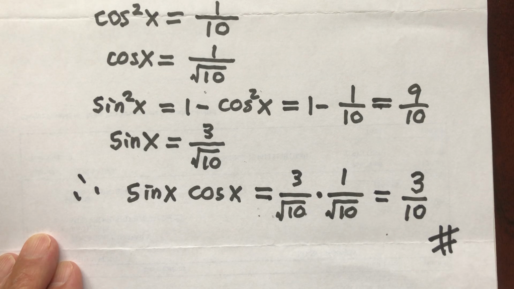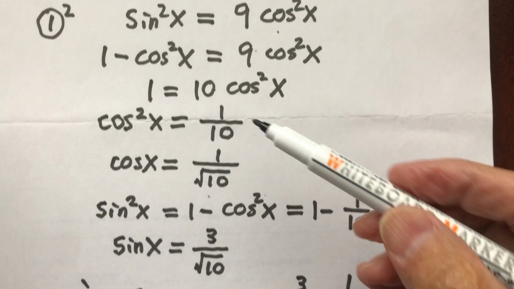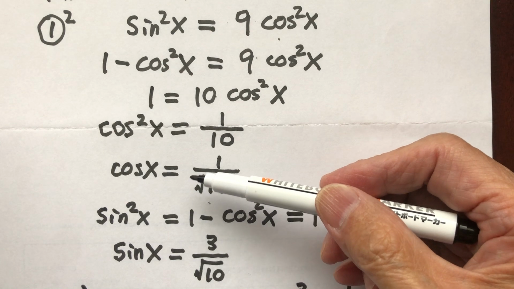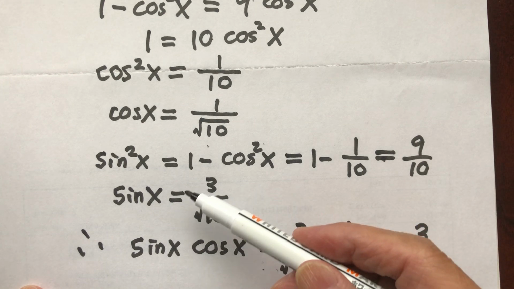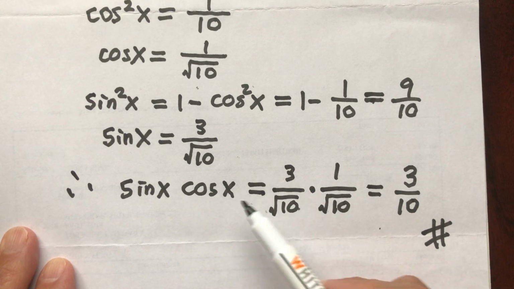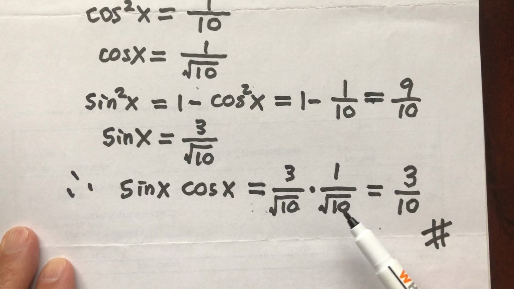These questions are not difficult at all. It is a routine practice from a textbook. Well, in this question, maybe you will ask, when you take square root, I should have plus minus, right? Here, when I take square root, I have plus minus, and here there is plus minus as well.